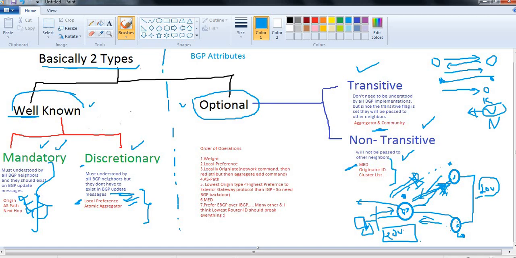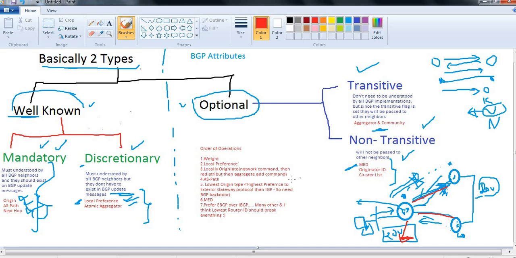When you take the order of operation, which one would be preferred? Let's say on this router I have configured weight as well as local preference. This network is reached on this router, and now I have two paths, one via ISP A and one via ISP B. In this case, which one should I prefer?